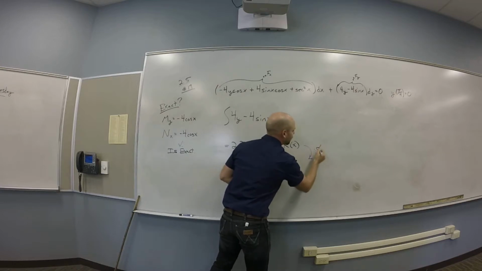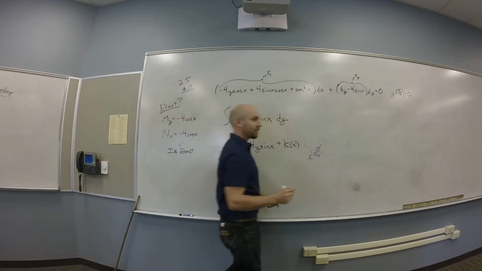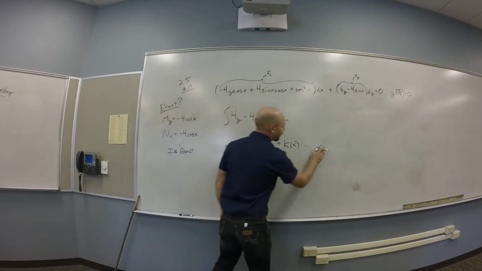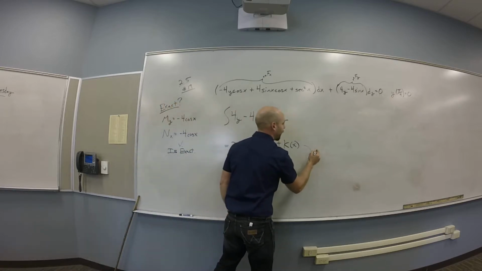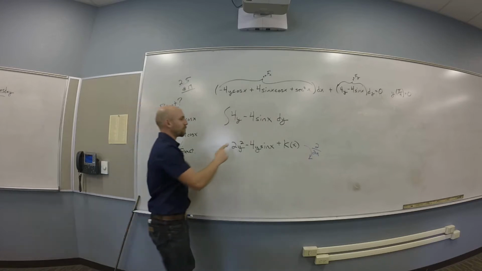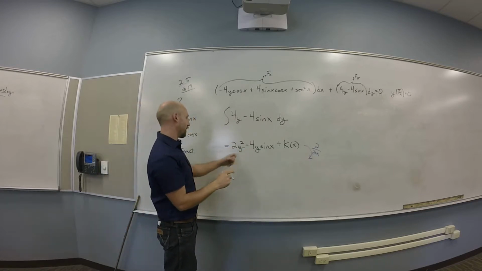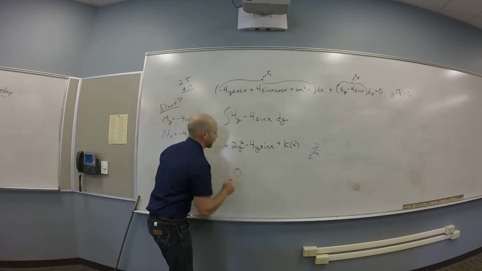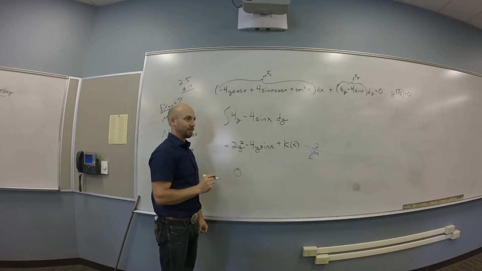So all I need to do is differentiate this thing with respect to x and kind of play matching. So I'm going to hit this with a ddx operator. Really, it should be noted that I'm hitting that not with a hard ddx, but with a partial with respect to x. So if you take the partials with respect to x of this, what do you get? 2y squared, you get 0, because it doesn't depend on x.